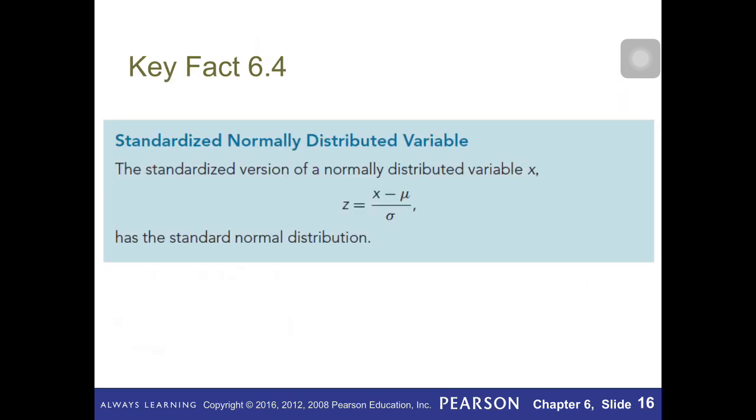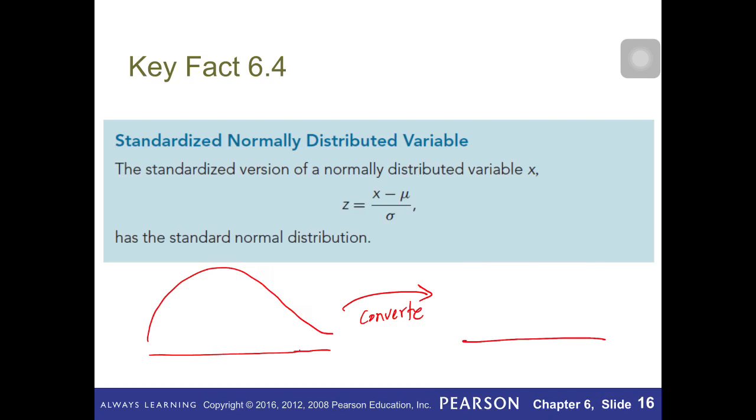If we have any other distribution, for example this kind of distribution, you can convert that into the standard normal distribution by using this. We call this variable z, it doesn't matter what you call it.